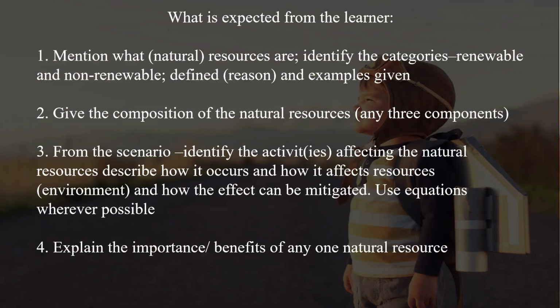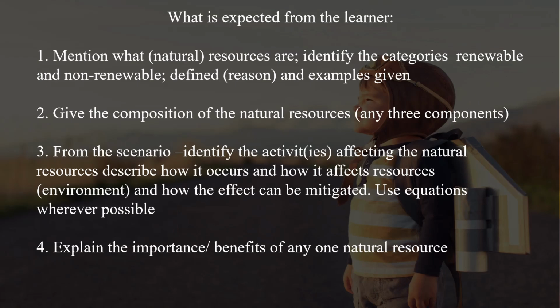Under item section B, Part 2, Items 5 and 6, you are expected to mention the category of the natural resource. Natural resources are categorized into renewable and non-renewable natural resources.